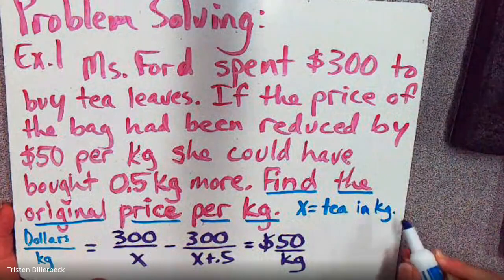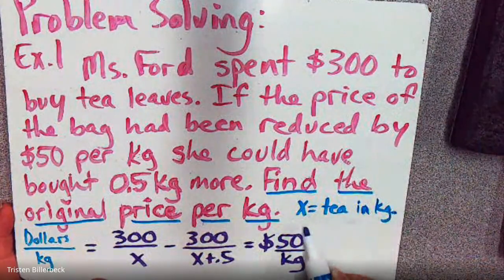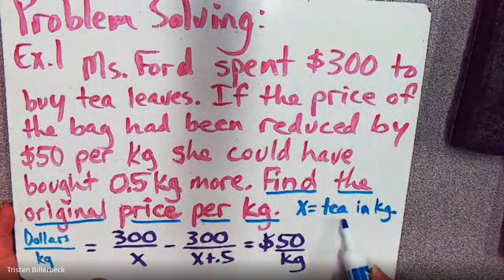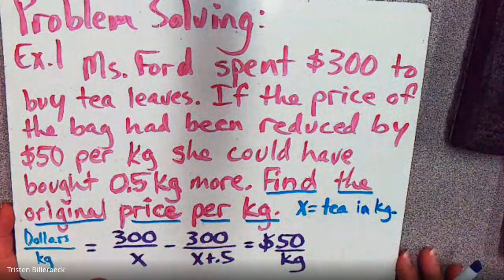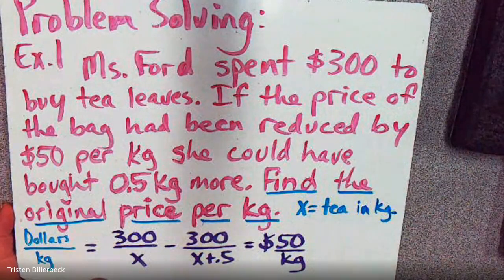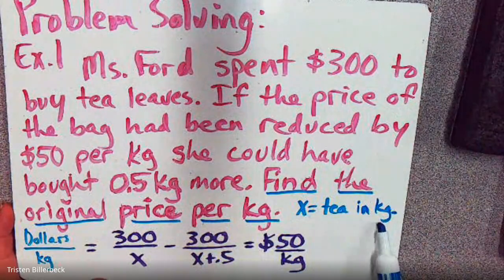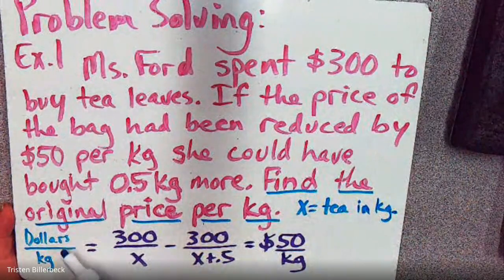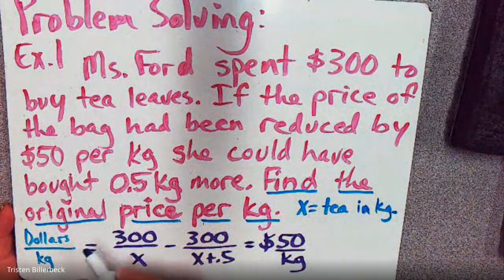So one of the reasons why I made a mistake is I didn't say what my X was. So X is the tea in kilograms. So when I find X, I need to understand that that is not the price per kilogram. That is just kilograms, okay? Then I'm going to set this up dollars over kilograms, excuse me, for my proportion.